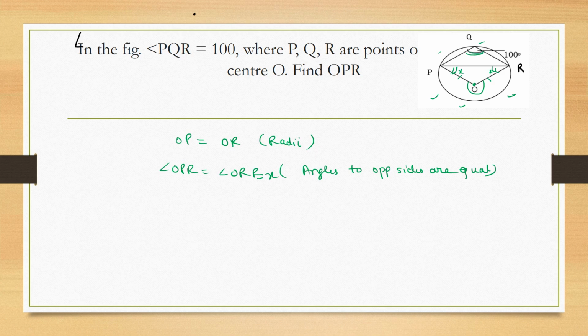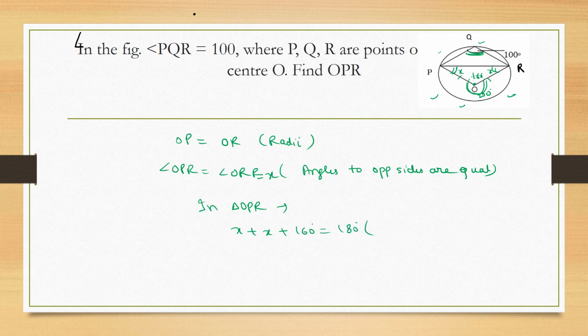So if it is 100, the center will have double, but corresponding, okay? If it is on this side, so this angle. Now the whole angle will be 360, reflex angle. So how much is left? 160. Now in triangle OPR, I can use x plus x plus 160 degrees equals 180.